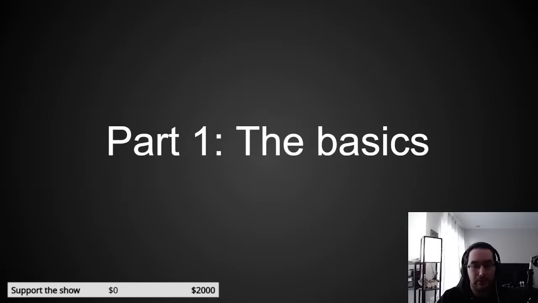So let's start with the basics, because we're going to have to build up to it. One of the things with genetic engineering is it's really a game of knowledge. The more you know, the more you're able to do. And unlike computer code, like if you're coding Python, Python is a very abstract language. You don't really need to know what the transistors are doing to be able to write Python code.